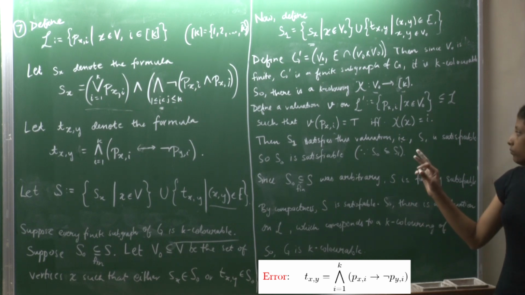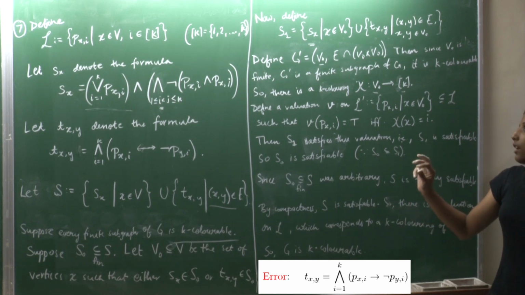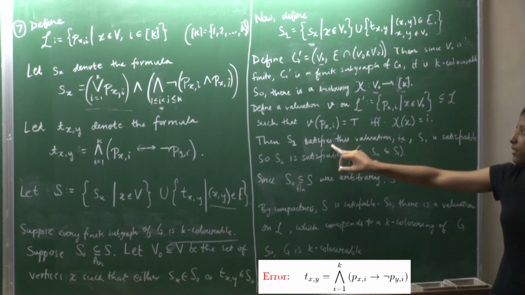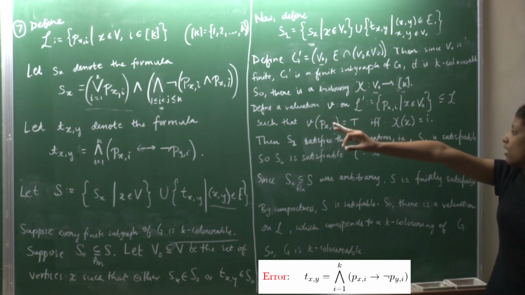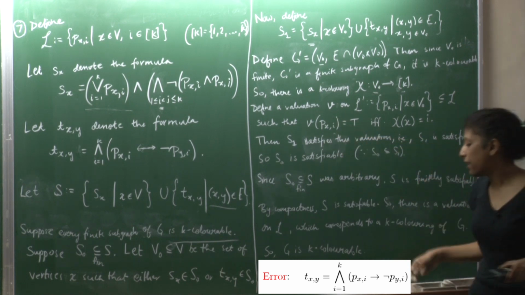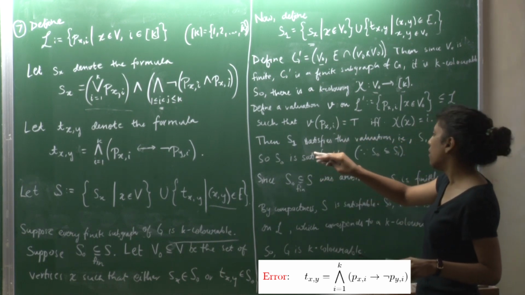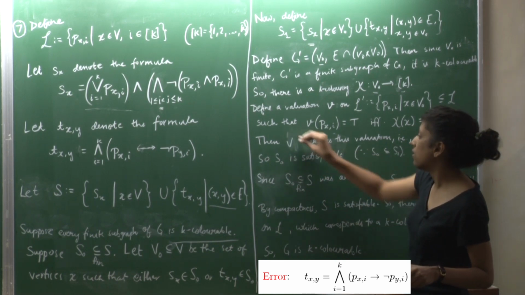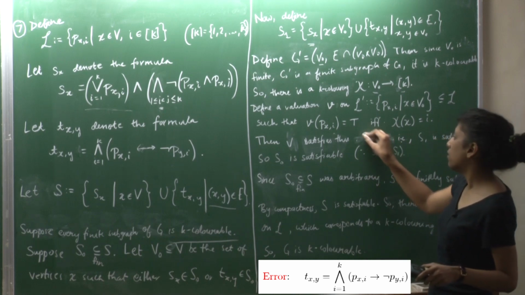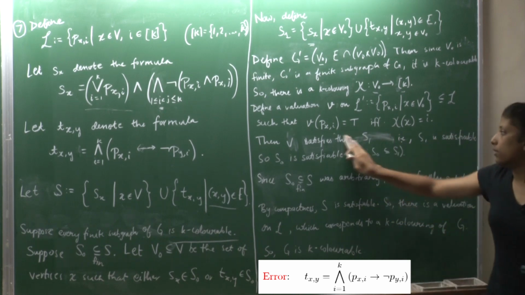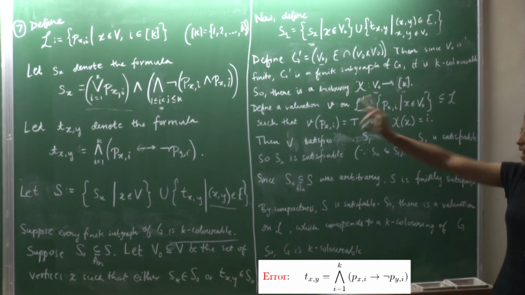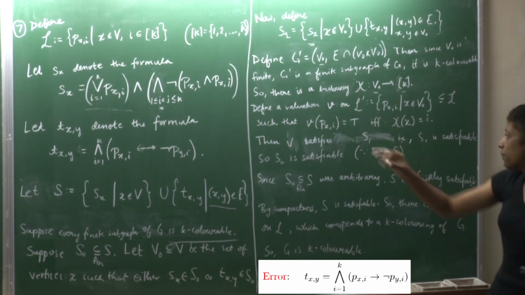And then you should check this, that S1 will satisfy, the valuation, I wrote it the other way, I should write that the valuation V satisfies S1. We can check that it satisfies these formulas.